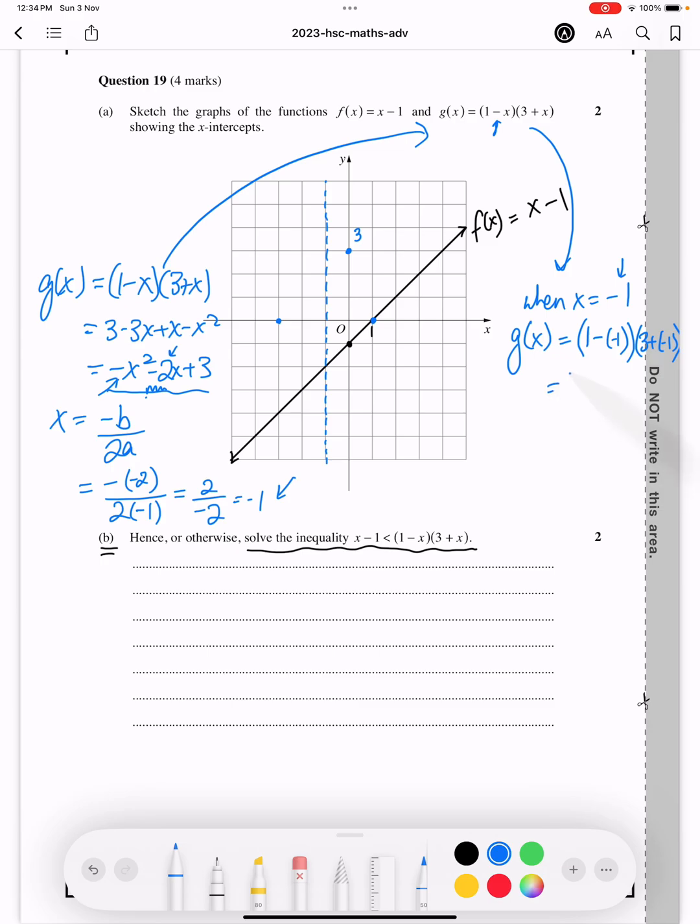And so therefore that gives us 1 plus 1, which is 2, and then 3 plus minus 1 is 2, that equals 4. So therefore your vertex is occurring at minus 1 comma 4, which is here.